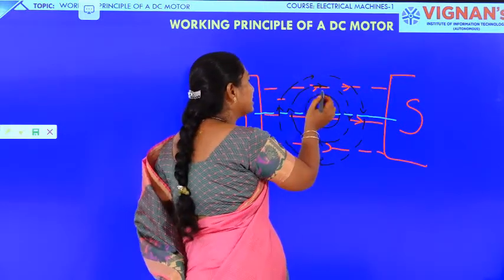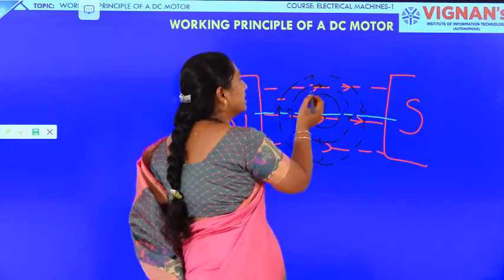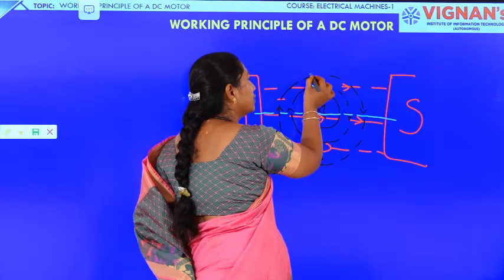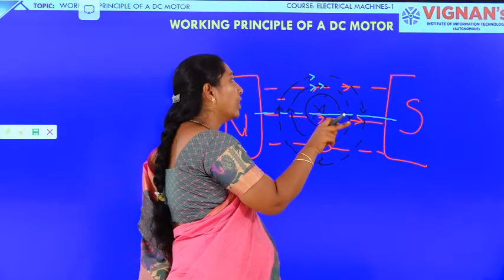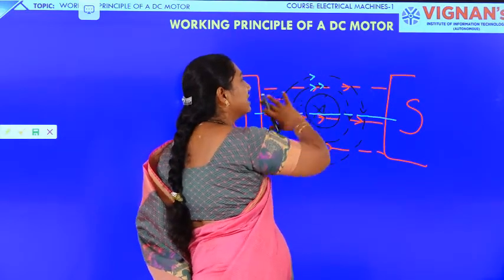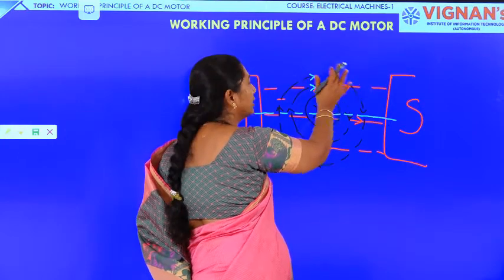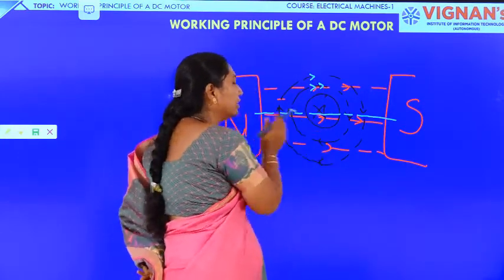Let us take the portion above the current carrying conductor first. We can see that the main flux and the flux due to the conductor are both in the same direction. That is why the resultant flux is reinforced in the area above the conductor. Now what happens below the conductor?